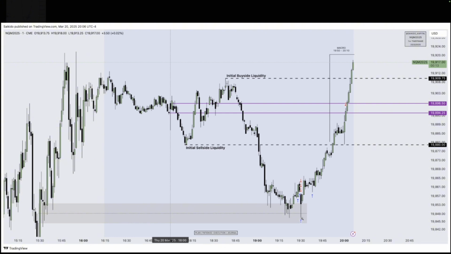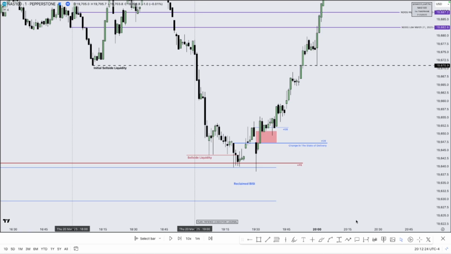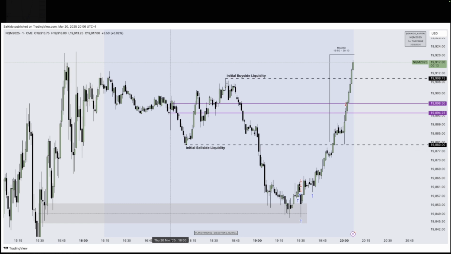I think the spread hit me, and then I went long again inside that PD array, as I showed you on the execution right here. I went long right there. So that's what you're seeing there. And I went out at new day opening gap.